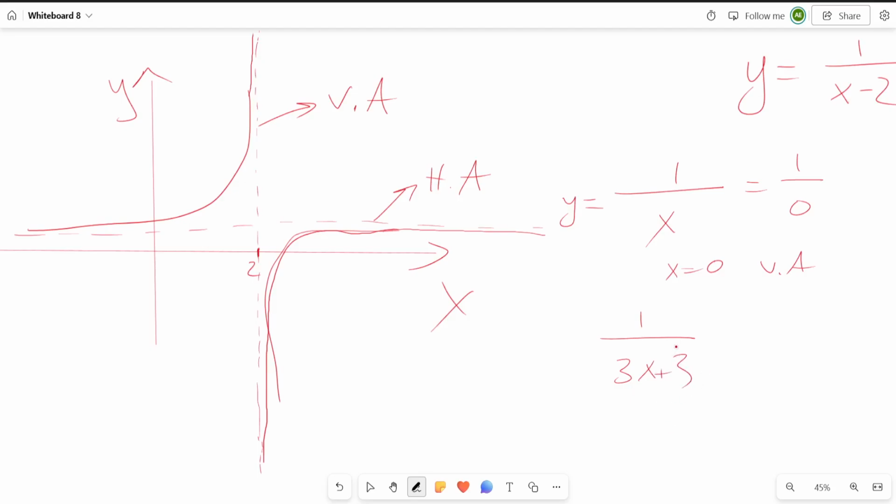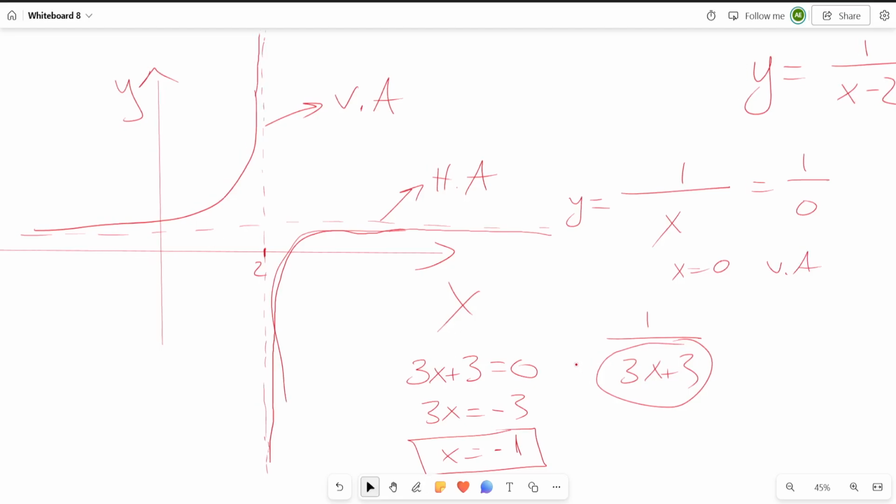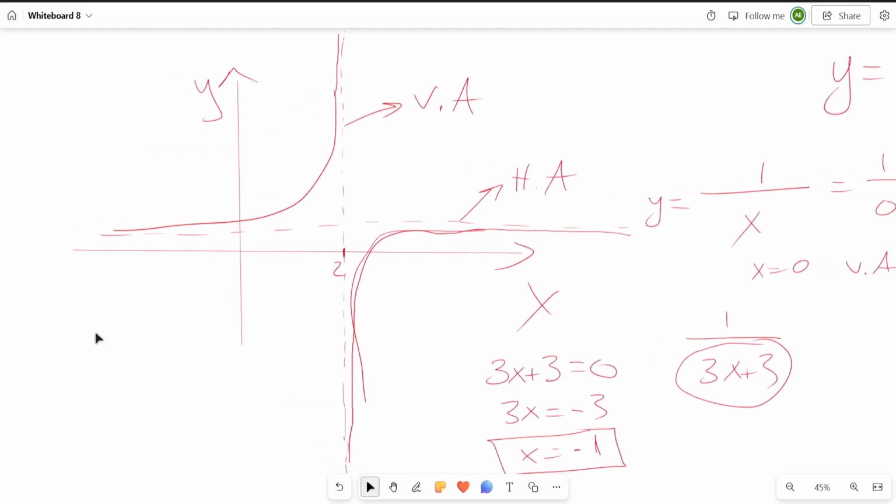So again, I cannot have the denominator as 0, so if I want to find that point that will cause an undefined function, I'm going to equate the denominator to 0 to find x. So this is going to be 3x equals minus 3, x equals minus 3 over 3, so x equals minus 1. And when x is equal to minus 1, I will have my function undefined, and this will cause a vertical asymptote.